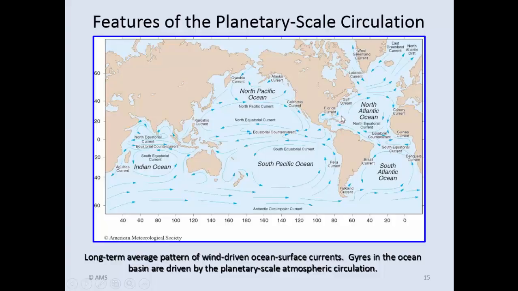We go over here to the North Atlantic, however, and we have the Bermuda High circulating clockwise, and look, it's driving this current clockwise, in particular the Gulf Stream current. This is extremely warm water carried all the way up the East Coast and into the Gulf of Mexico.